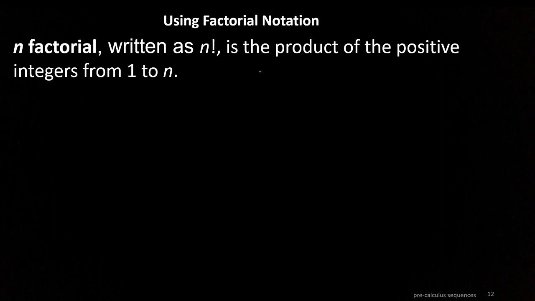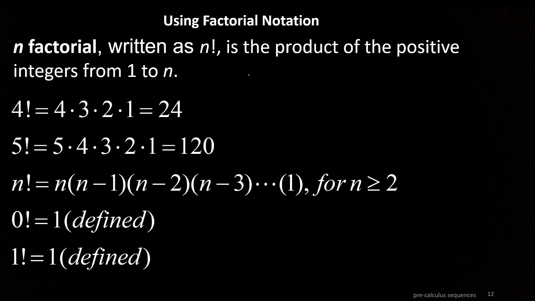So n factorial has a definition. It's basically a multiplication. So 4 factorial means 4 times 3 times 2 times 1. That's 4 factorial. 5 factorial, you start with 5, subtract 1 until you get to 1, and then multiply.